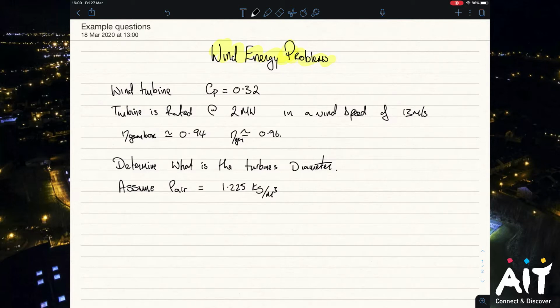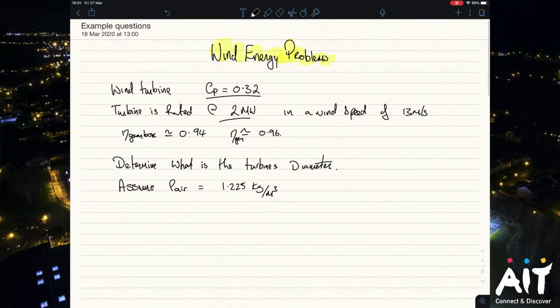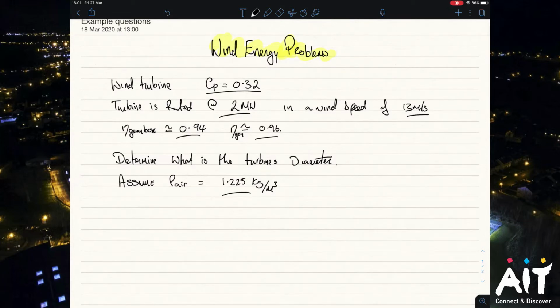So this is the information we have: a coefficient of performance, a rated power output for a given wind speed, a gearbox efficiency, and a generator efficiency. We also know that the density of air is 1.225. So what's the first thing we're going to do with this problem?